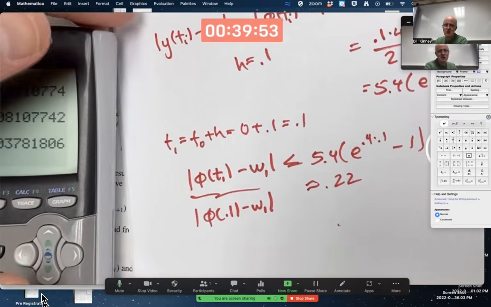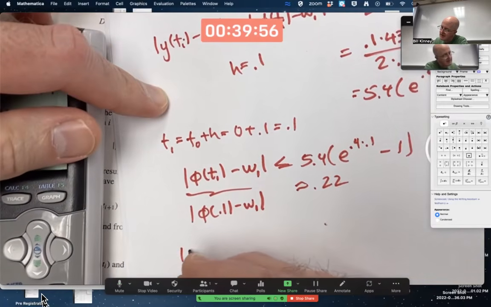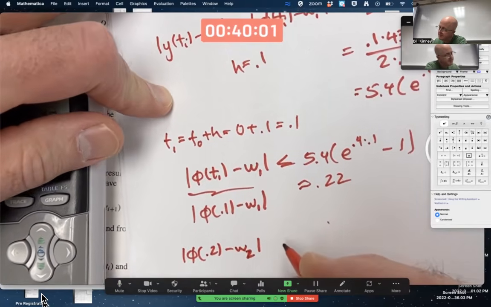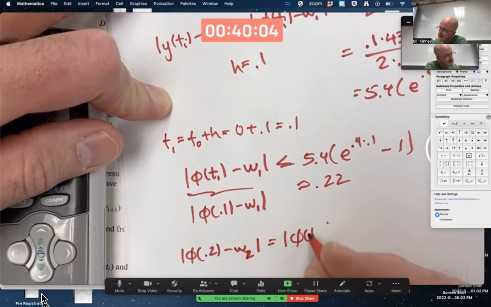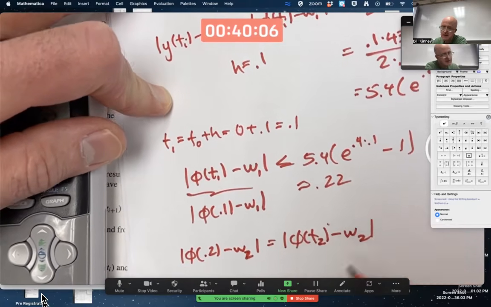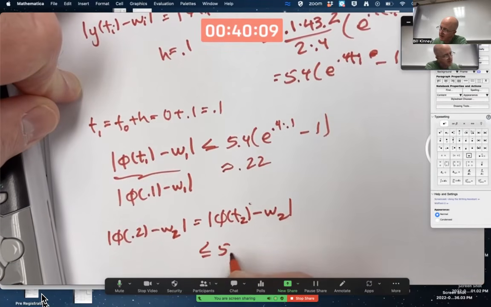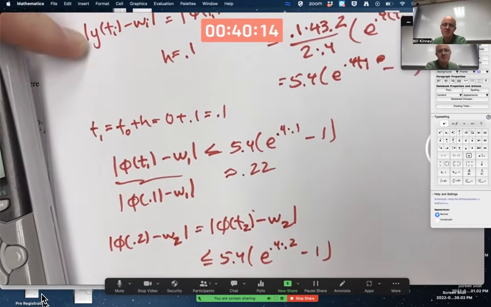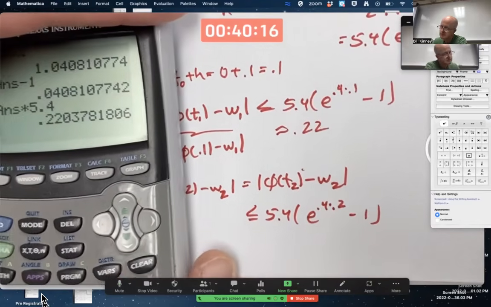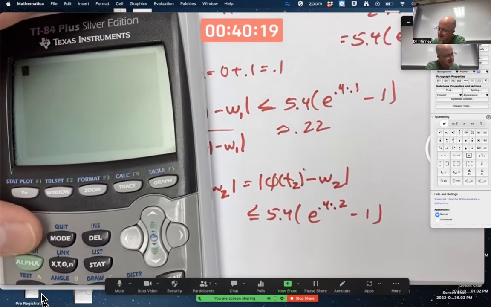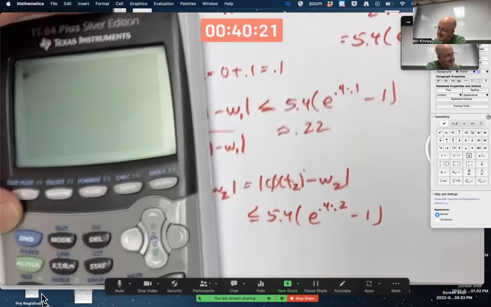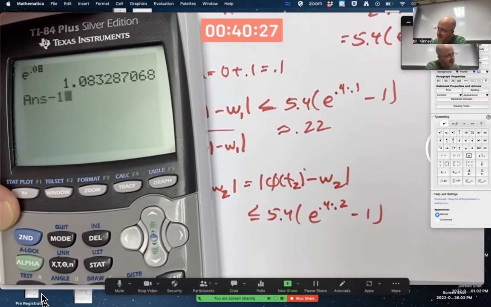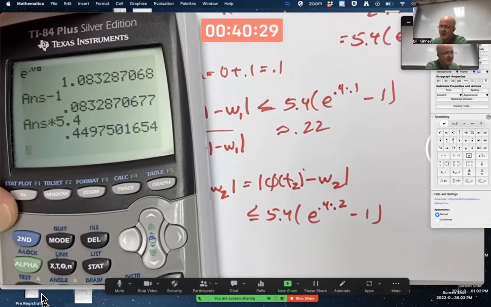What about at t_2? 0.2. You're going to get less than or equal to 5.4 times e to the 0.4 times 0.2 minus 1. e to the 0.08 minus 1 times 5.4 is about twice as big.